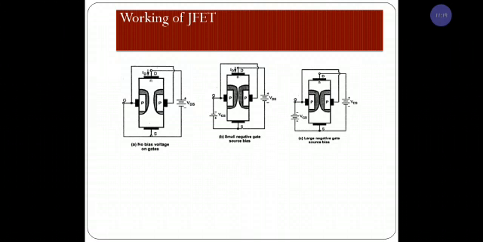Now if you look at the next diagram B, you can see they have applied a gate source voltage, a little amount of biasing. So if we give a little bias, through the source the majority charge carriers start to flow from source to drain.